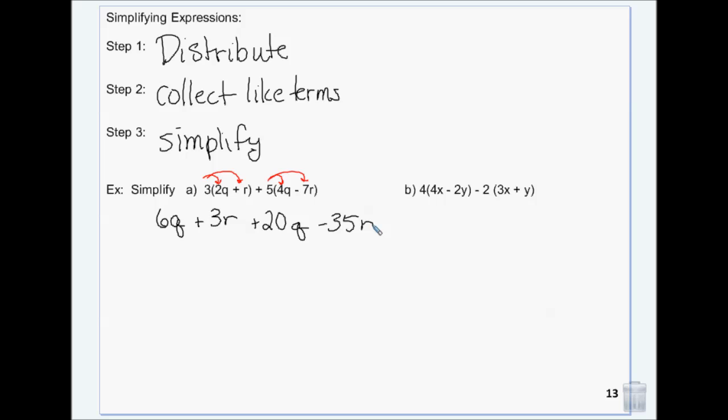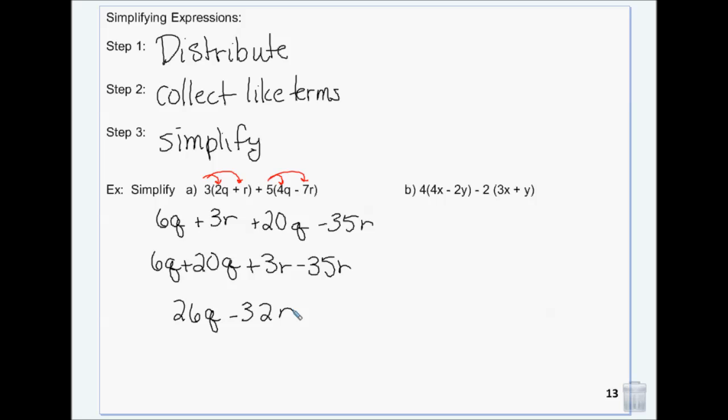I like to rearrange things so that they're next to each other, but you don't have to. What I did there was the commutative property. Very exciting. Then I add them together. Questions on that?